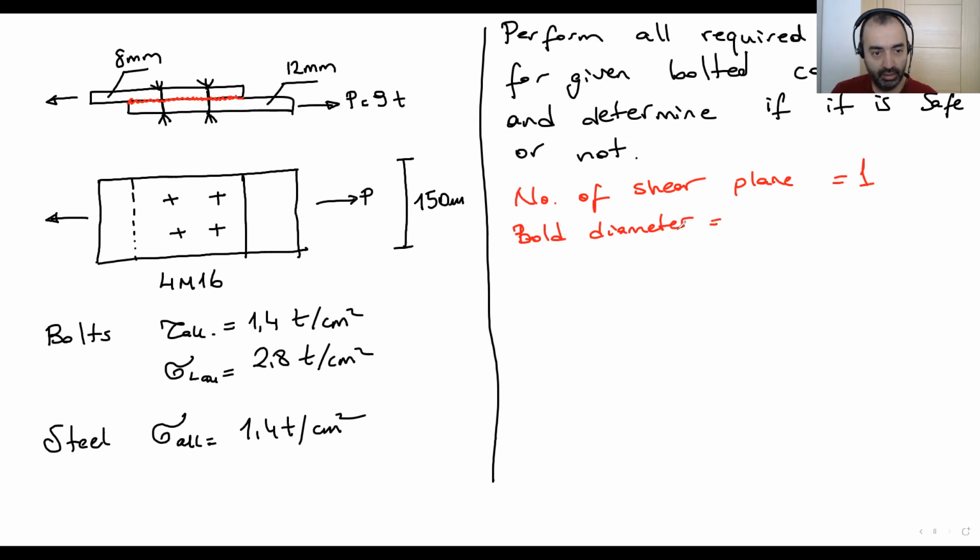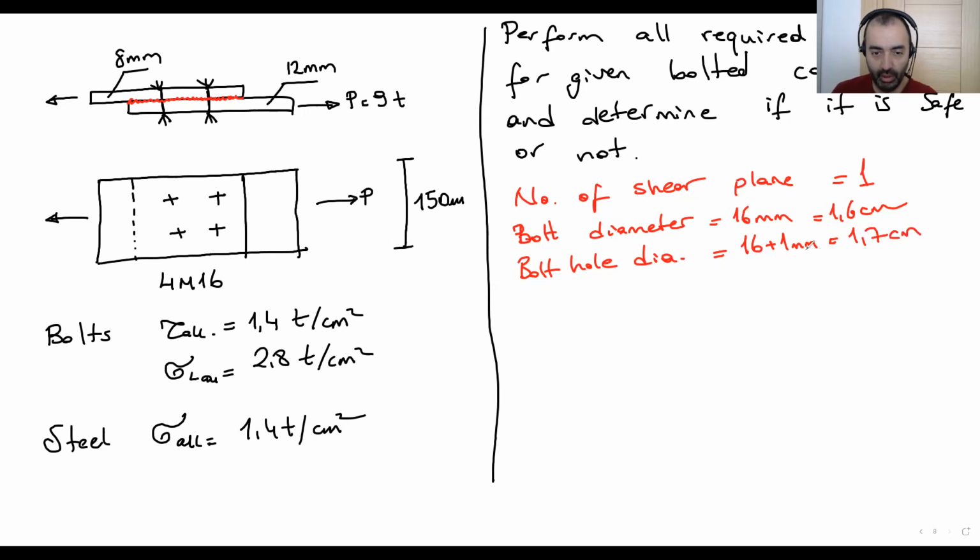The bolt diameter is 16 millimeter, 1.6 centimeter, and the bolt hole diameter is 16 millimeter plus 1 millimeter. Don't forget this one. The bolt hole diameter must be calculated first in millimeter, then you should convert it to centimeter. It's 1.7 centimeter.